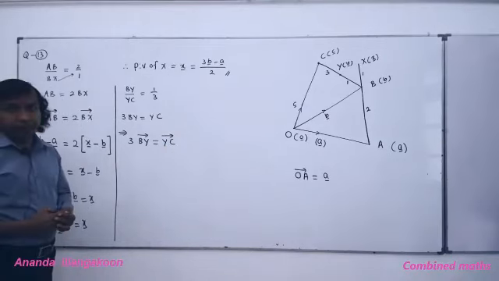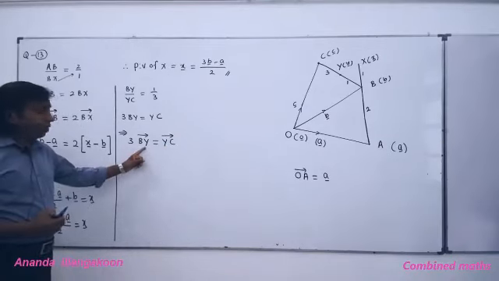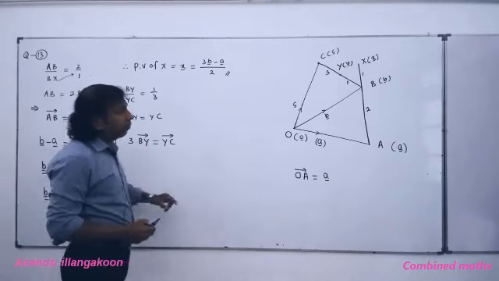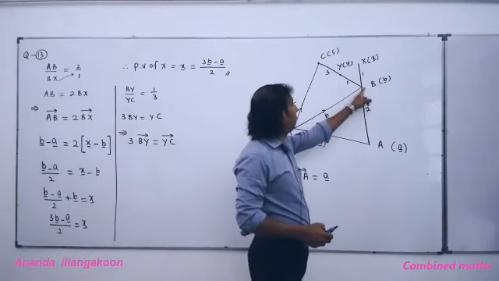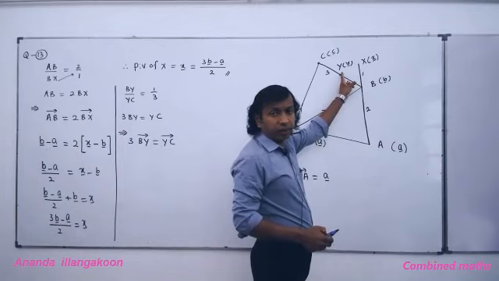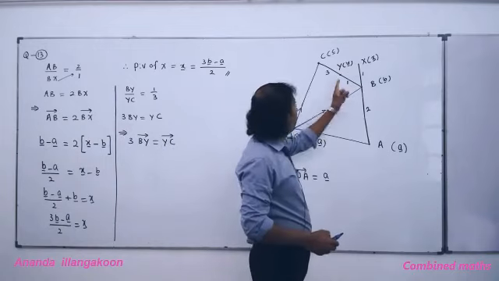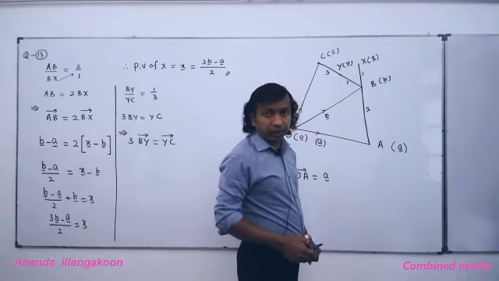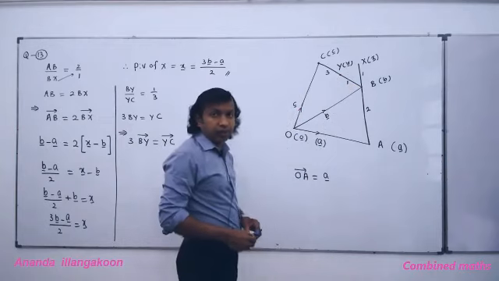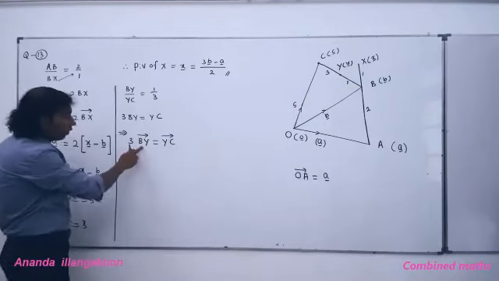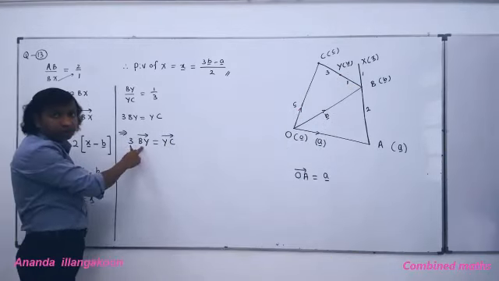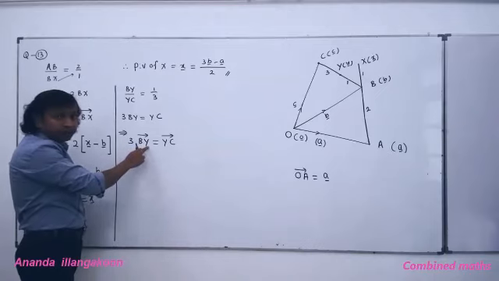Okay, right. Now, this BY vector, how do we write it? Here, B to Y vector, we can write by using the triangle law of vector addition. How? BO plus OY. Understand? The same thing we learned when we write a given vector using the position vectors of its points.